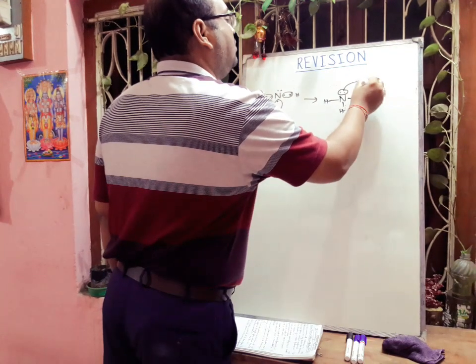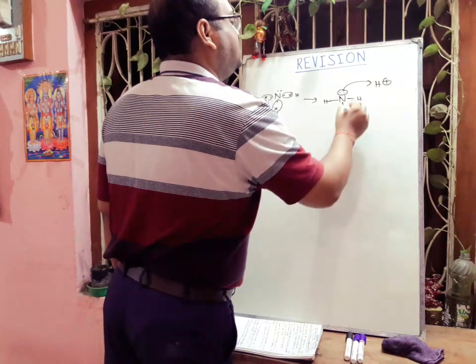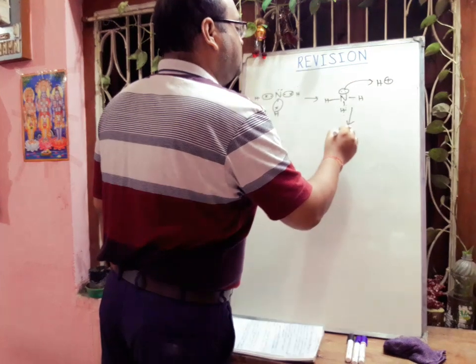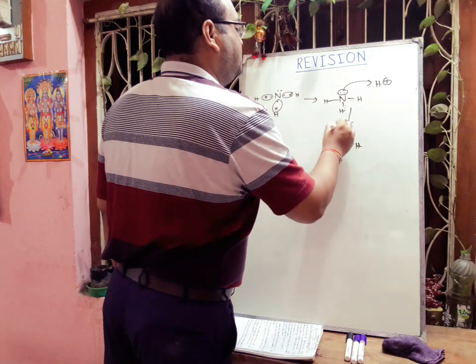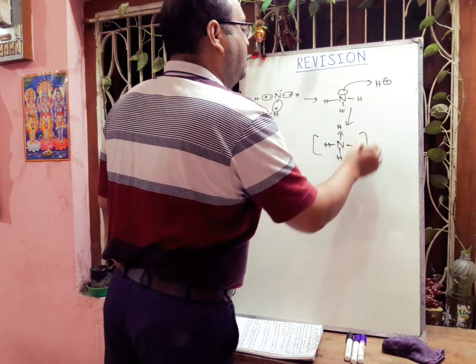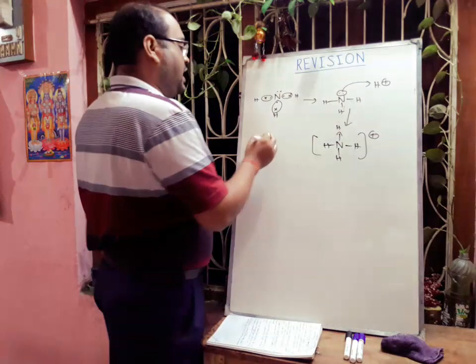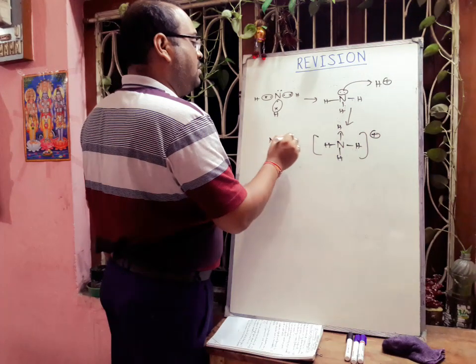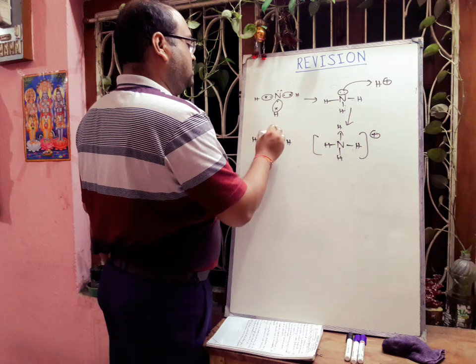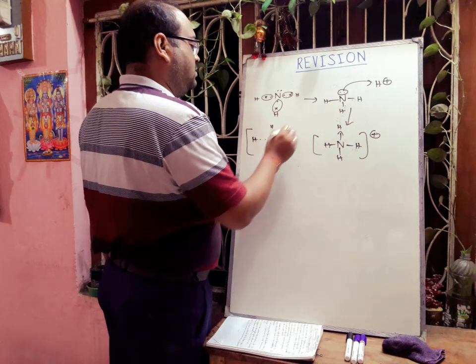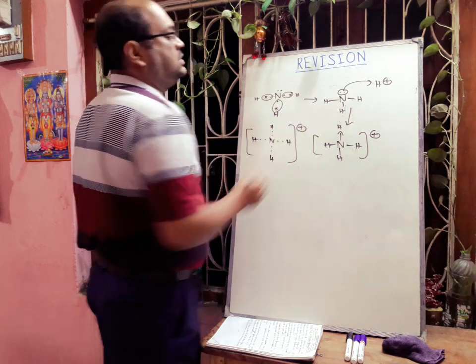This lone pair will be donated to one H plus, and in this way we will get the structure of NH4 plus. Or you can write it this way also.